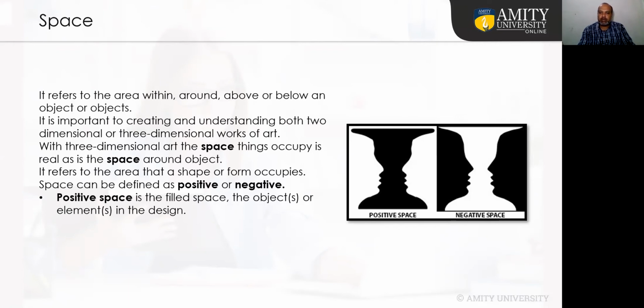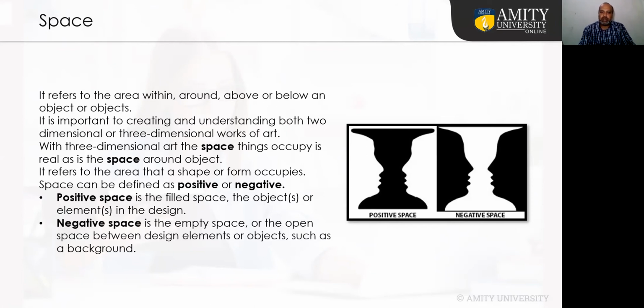Suppose there is a picture of a person. That person's picture is the positive space, and around the picture of that person is the negative space, or the blank space. The negative space is the empty or open space between design elements and objects, such as the background.